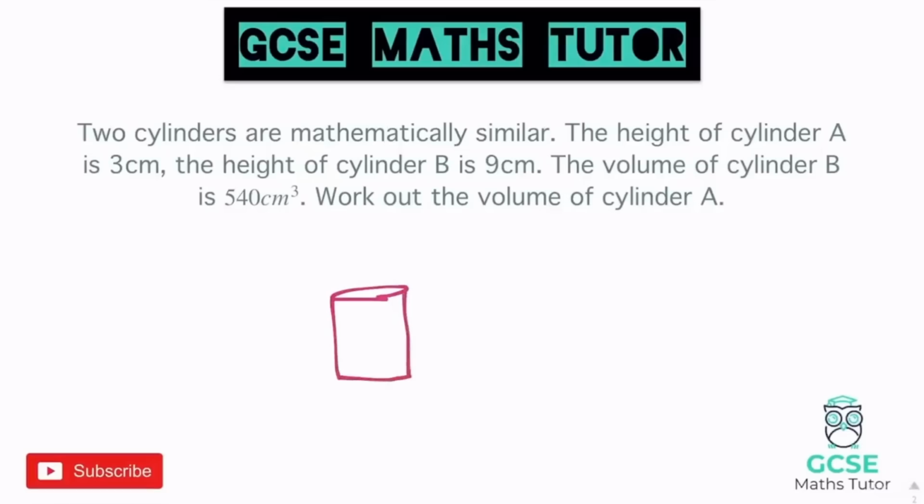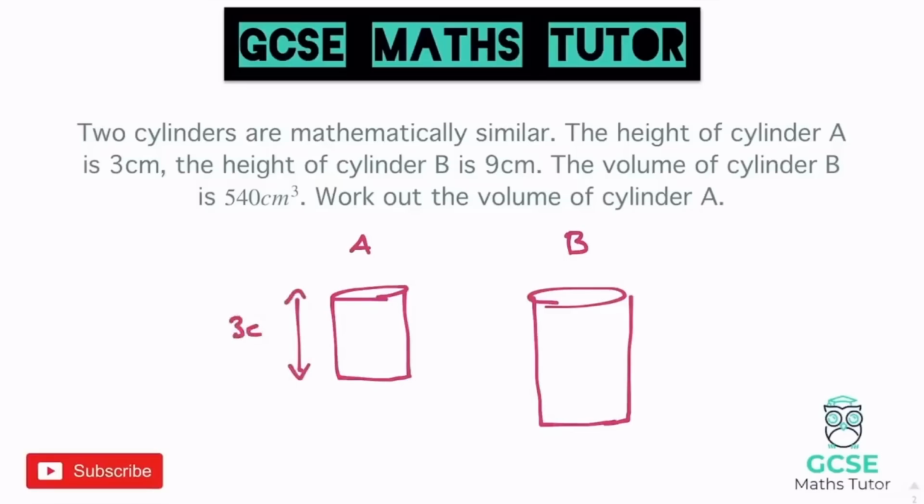So let's call this cylinder A, and let's call this one cylinder B, which I'm going to draw a little bit bigger there, because I can see that the height of that is 9 rather than 3. Again, this isn't to scale, it's just to give you a little visual idea. So this is 3 centimetres as the height of A, and this is 9 centimetres for the height of B. Now it does also give us another piece of information, so let's write that on.